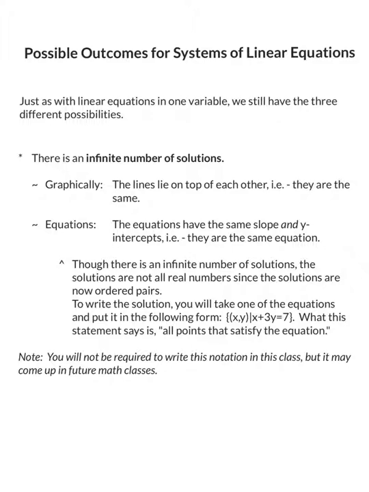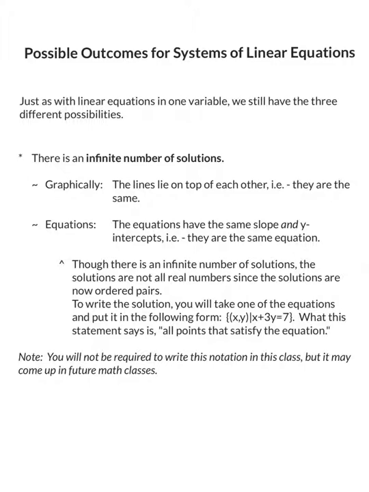This next part you don't necessarily need to know for this course, but just as kind of a little factoid for when you get to your future math classes. To write the solution, you will take one of the equations and put it in the following form. x, y, a vertical bar, and then whatever your equation is.